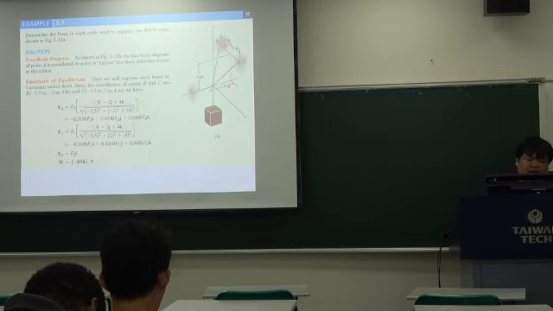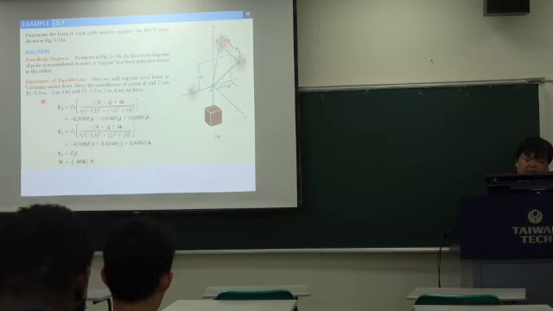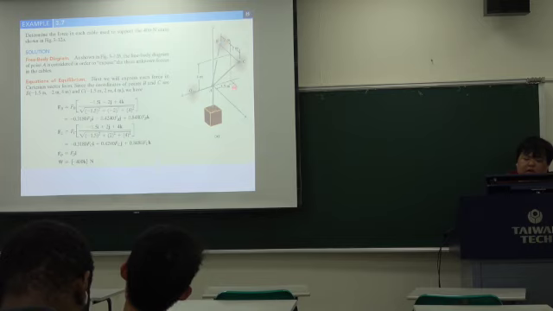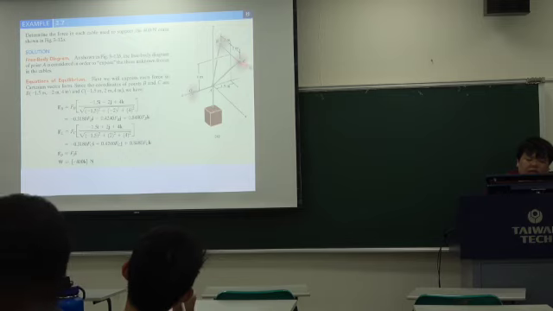or you can say this is coordinate. B at minus 1.5 meter, minus 2 meter, and 4. So minus 1.5 here, minus 2 here, and 4. And the point C at minus 1.5 meter, and 2 and 4.